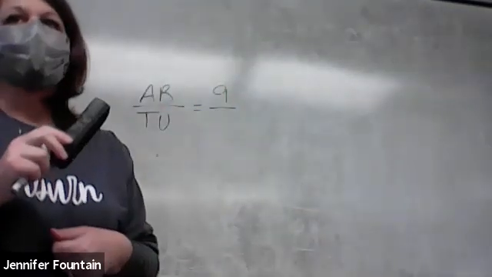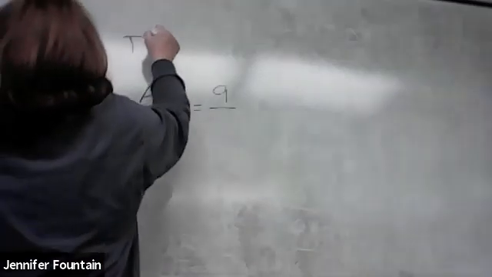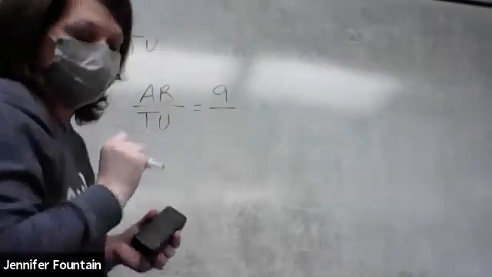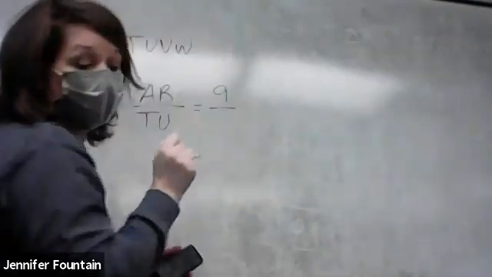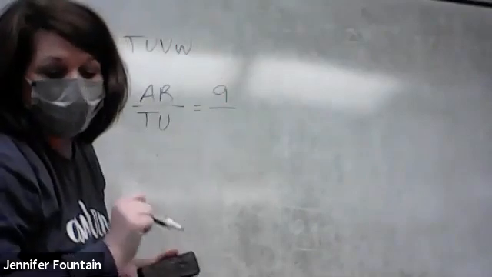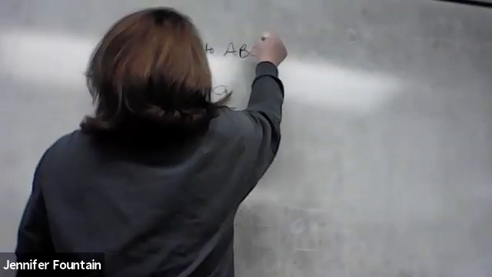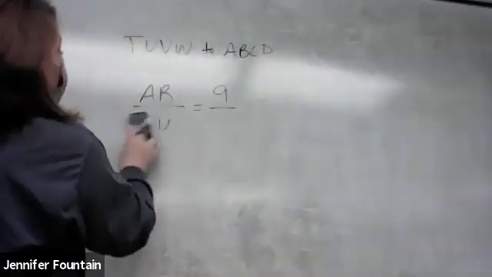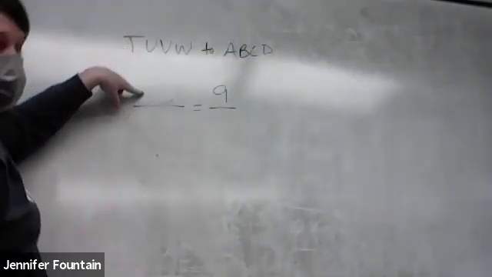What did I mess up on? What did the directions tell me? Should it be TU over AB? It should be. Why? Because that's what comes first in the pair. In the directions, they said find the scale factor of TUVW to ABCD. So that means whatever is first has to go in my numerator.